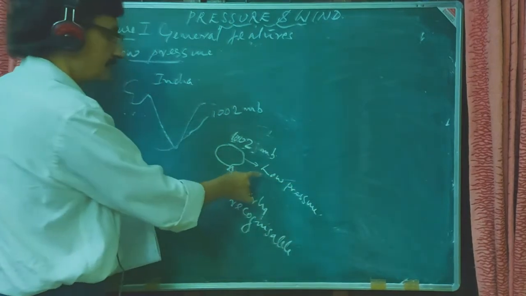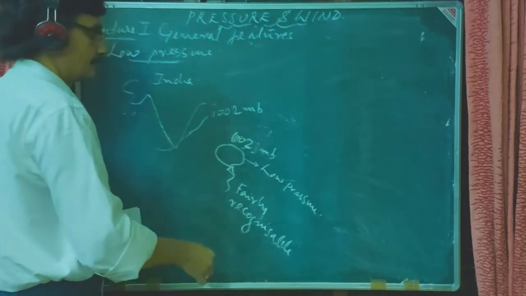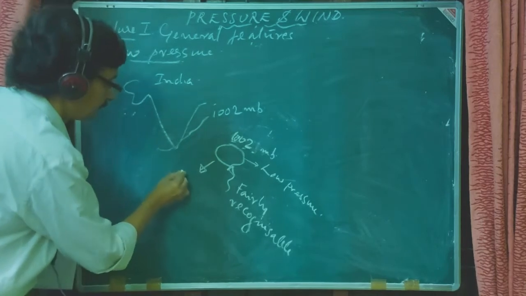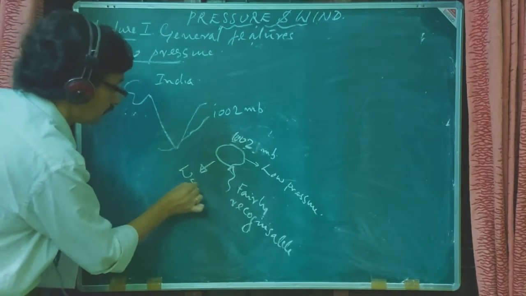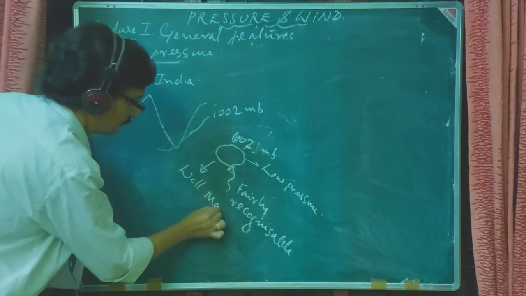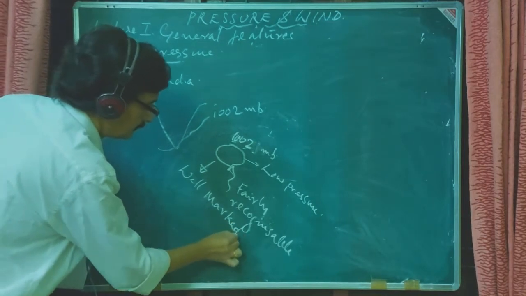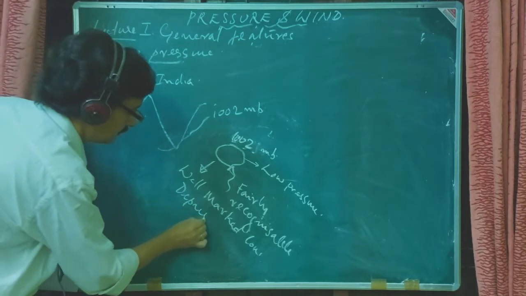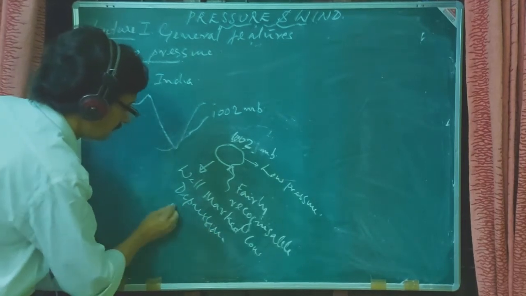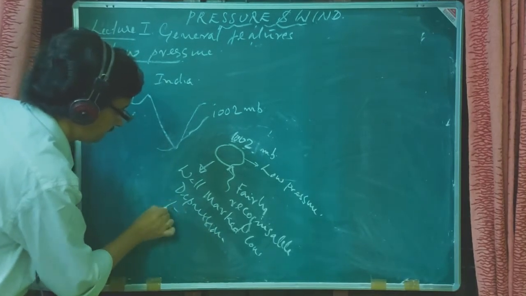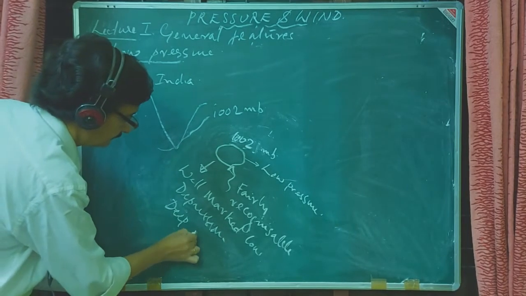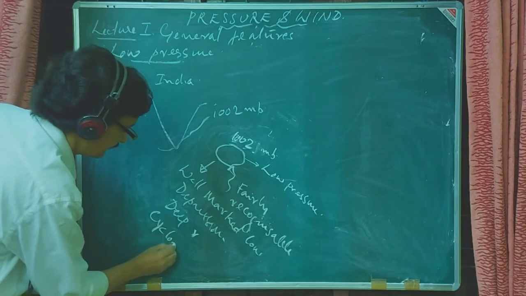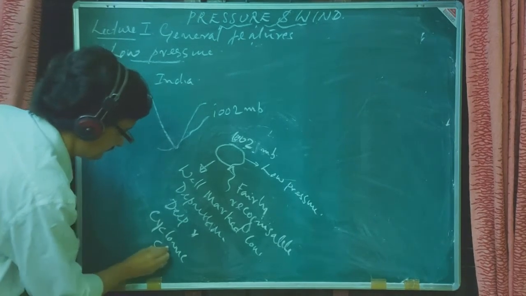Depending on the value or intensity of the low pressure, it can be further characterized as a well marked low, or even a depression, or even a deep depression, or various cyclonic stages.